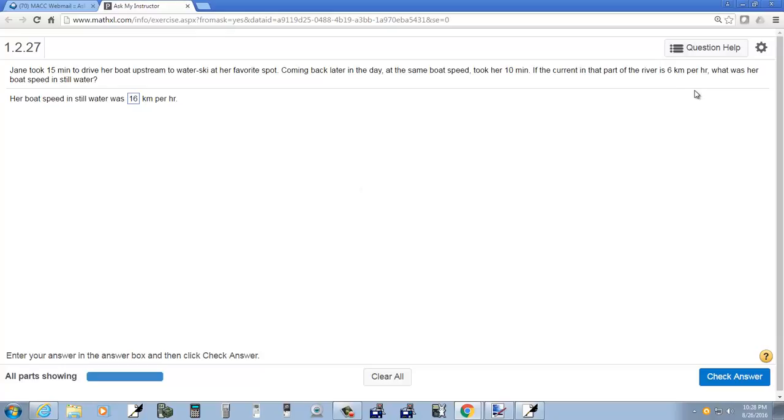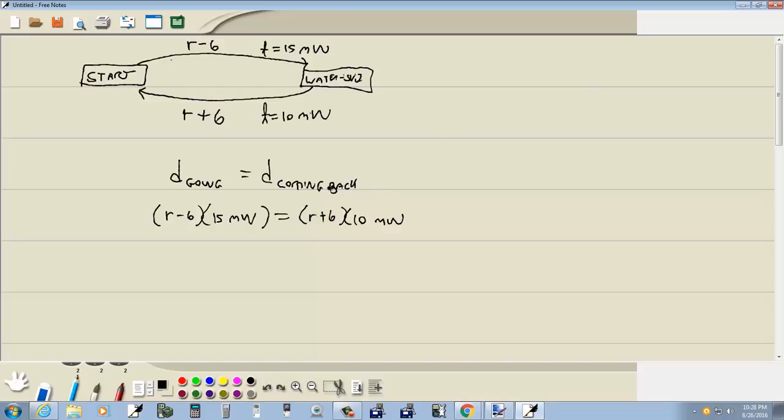Now, notice 6 is in kilometers per hour. These are minutes, so we need to convert these to hours so they'll be the same unit of measure, since 6 is in hours. To convert that, we'll divide it by 60, and that'll convert it to hours.